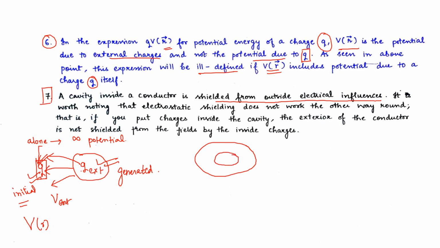When we see this, we remember one point, that is electrostatic shielding. This whole thing is a conductor, and this is the cavity.